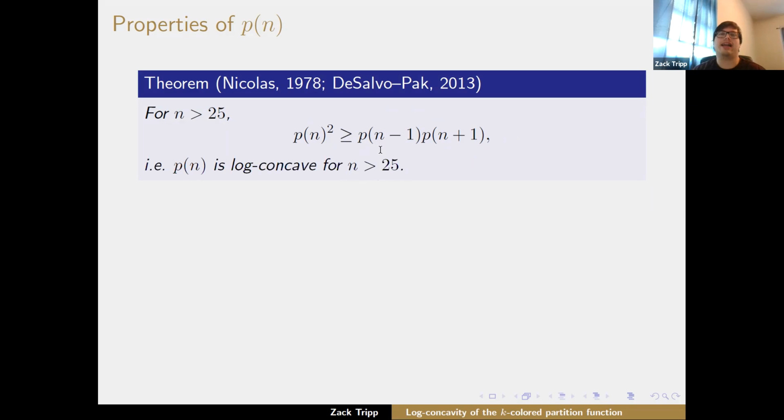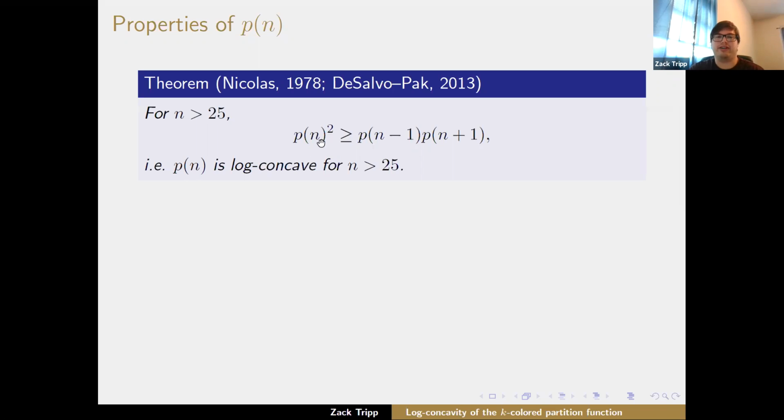So this log-concavity is really interesting in combinatorics in general. There's a few different reasons for that. One is that, if the numbers are positive, it actually implies unimodality, for example. There's also a lot of nice combinatorial proofs showing log-concavity of certain sequences.